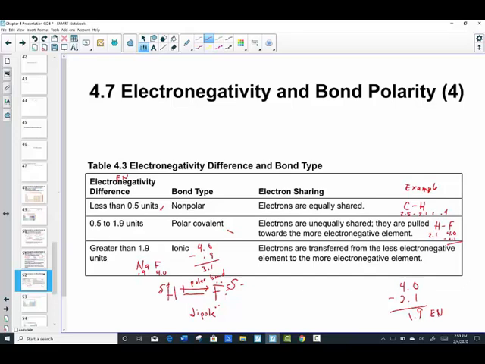Clearly, that's bigger than 2, so this is now an ionic bond. We knew that. It's a metal to a nonmetal, a positive and a negative.